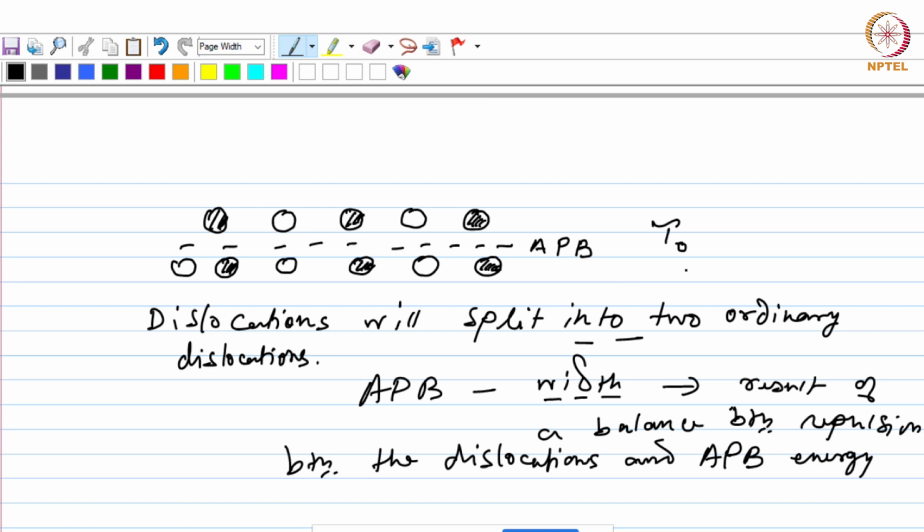where tau naught is the stress which is needed to move the dislocation, and it is given by gamma by T, where gamma is the antiphase boundary energy and T is the APB spacing.